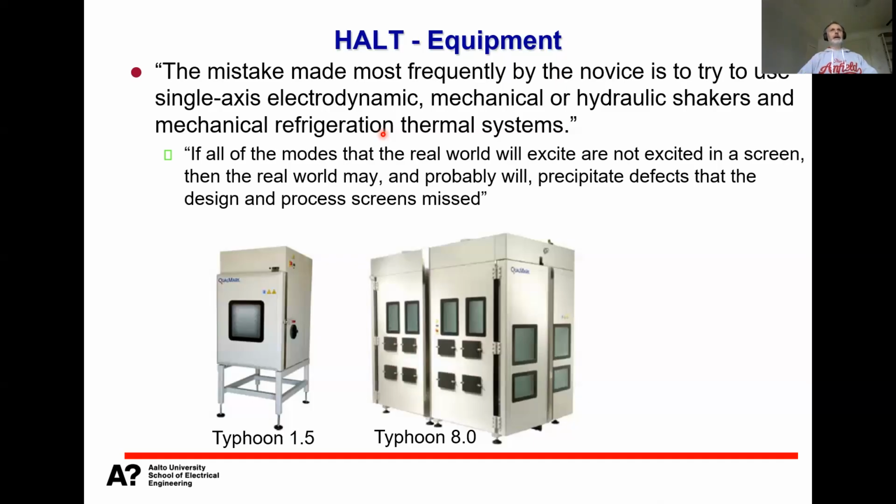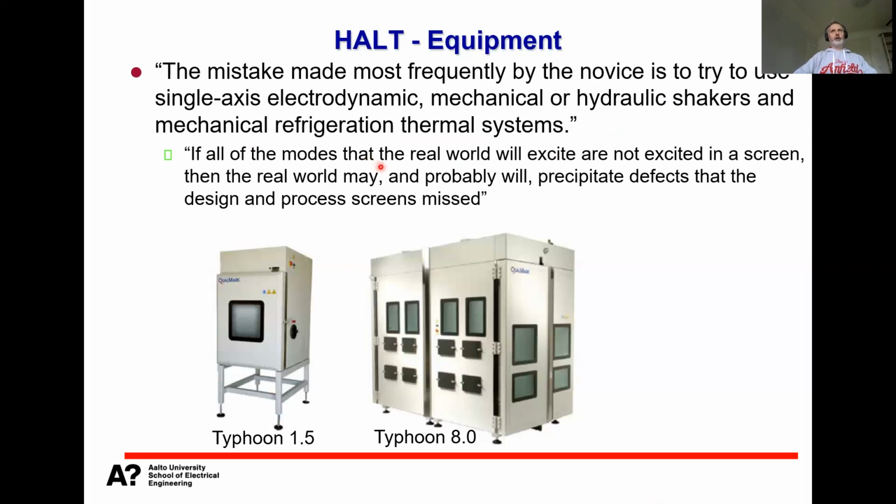Why? If you cannot excite all the possible failure modes, then probably you will miss those which will be important for you. I put both these in quotes because this is what they are claiming.